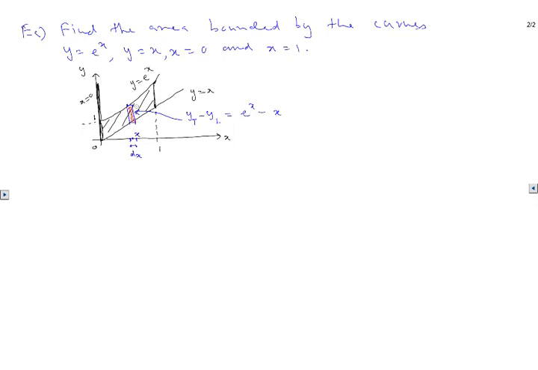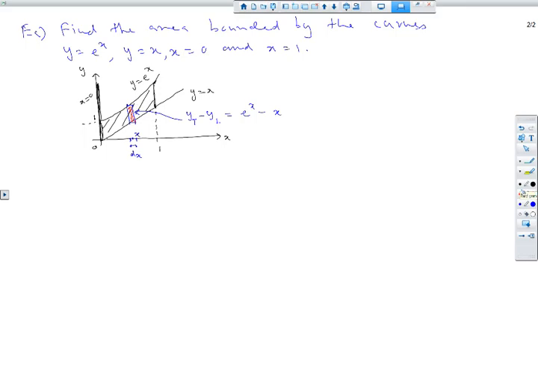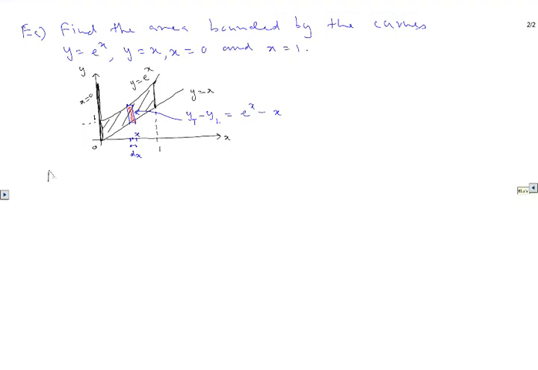So your integral now becomes: the area equals the integral from a to b of f(x) minus g(x), the top and bottom, dx. So we can plug in. What are the limits?